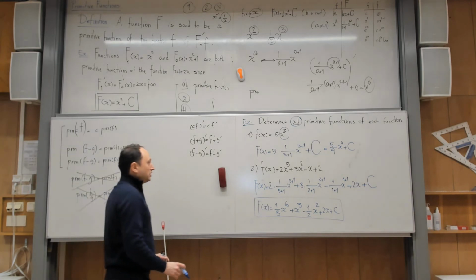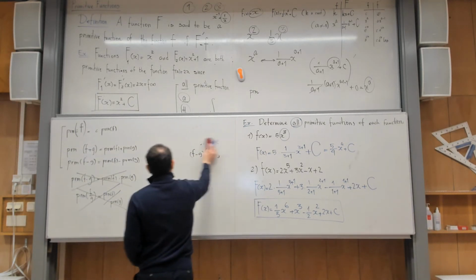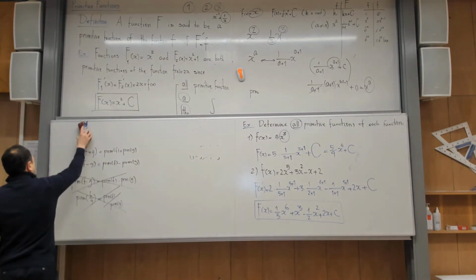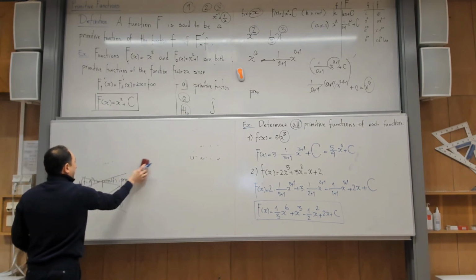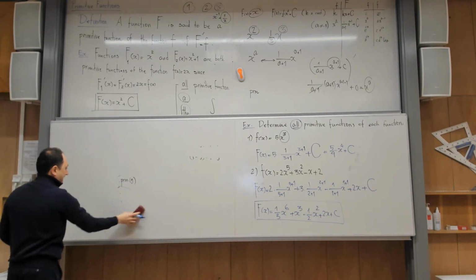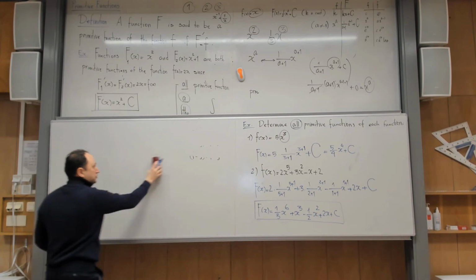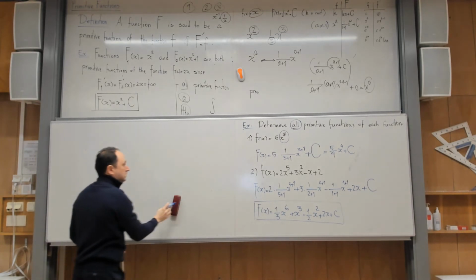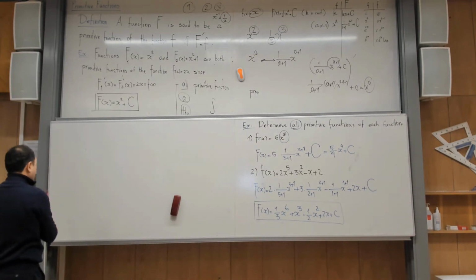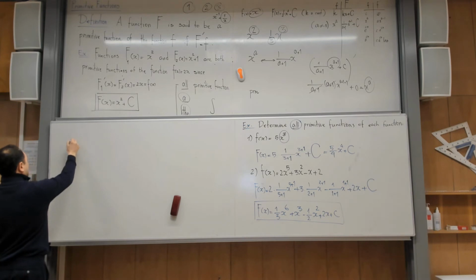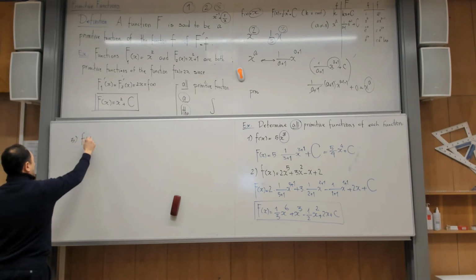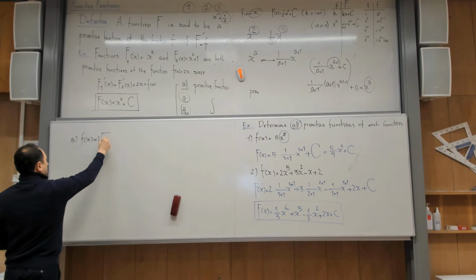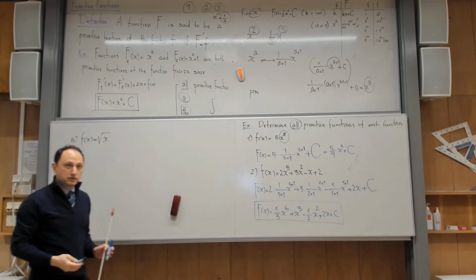But it becomes harder. For example, if I go to this, let me just write this one, a simple one. Number 3. f of x equals square root of x. It's not that easy now to guess.